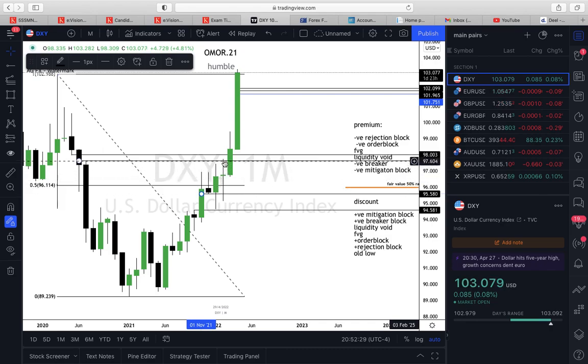Then we trade into the fair value gap just here. And then what happens? We trade into this candle's wick, which is what?